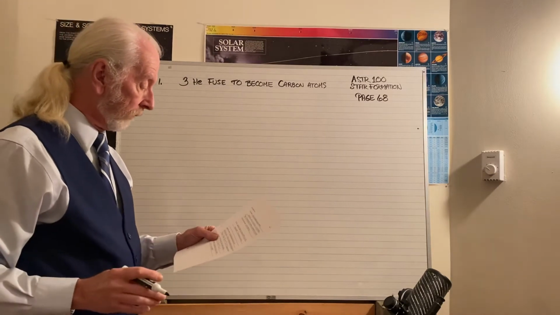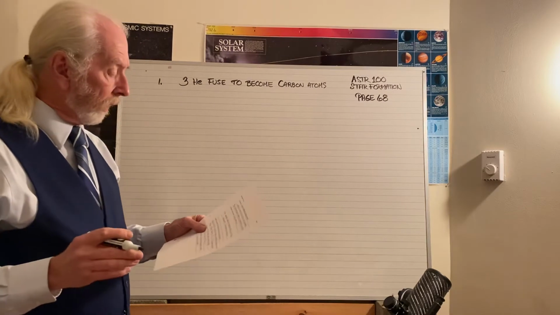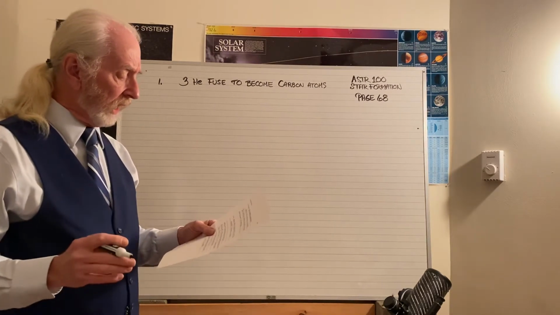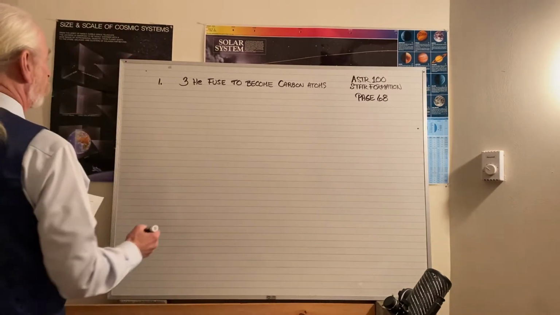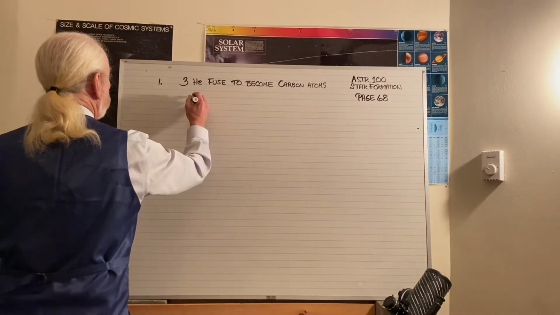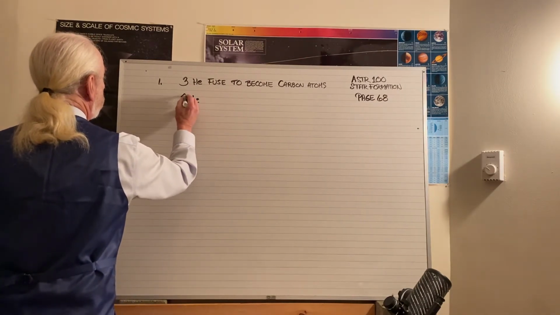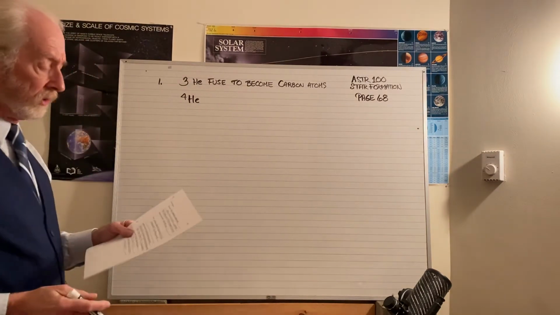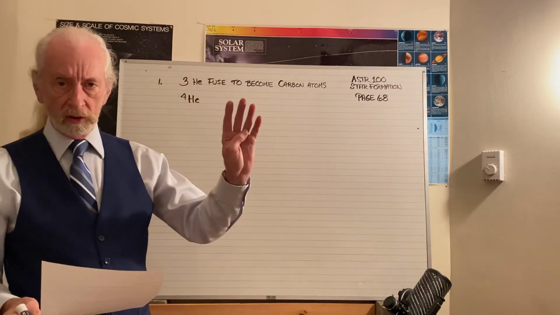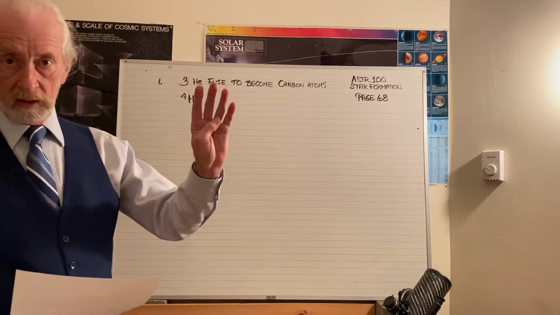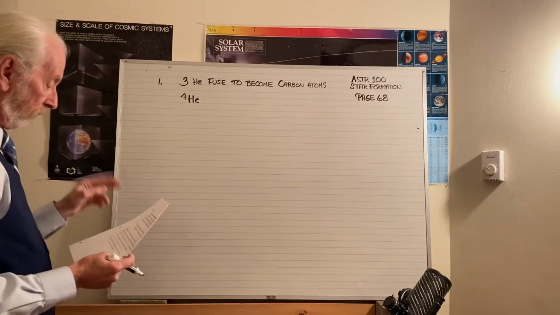Okay, so how does this work? Well, one of the ways that we indicate elements is like this. Here's how I indicate helium, and see that 4 there? That 4 indicates that there are 4 pieces and parts in the nucleus of a helium atom, and there are 2 protons, 2 neutrons, okay?